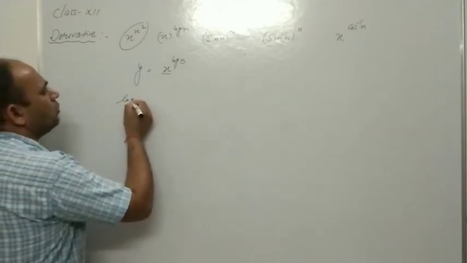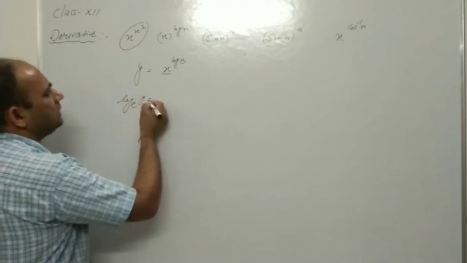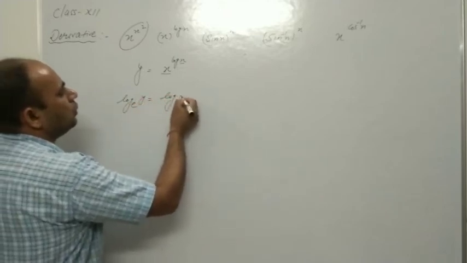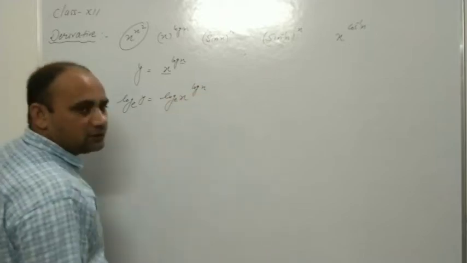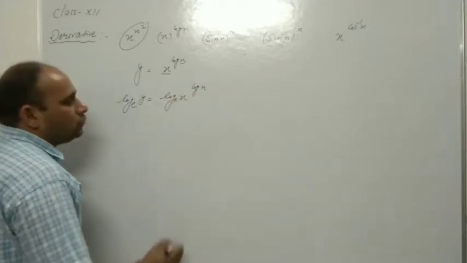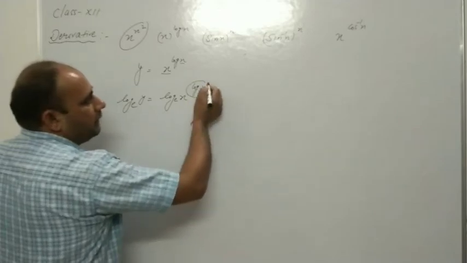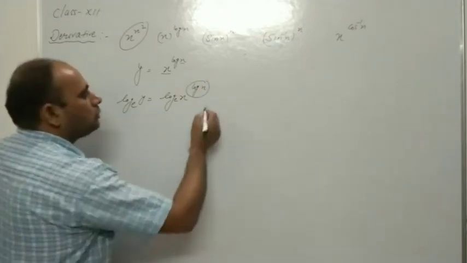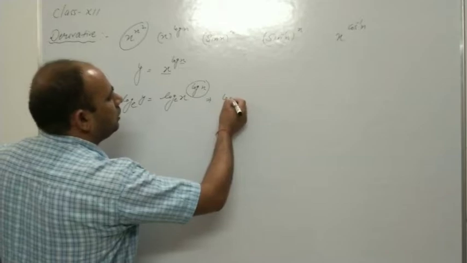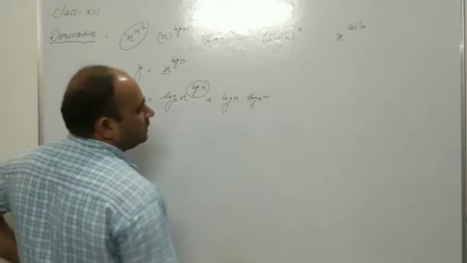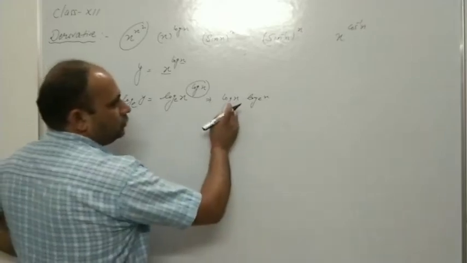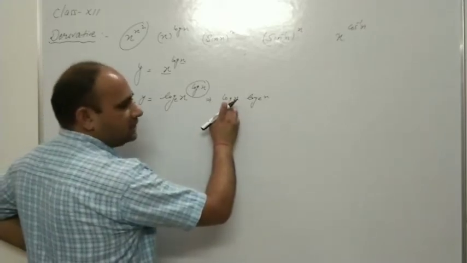So it is log y to the base e equal to log of x raised to the power log x to the base e. Clear? Now you know power converts into multiply. So log x into log x, and here you can say also base e.